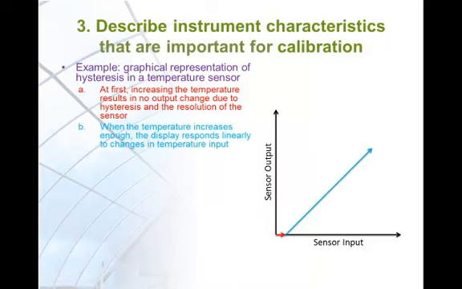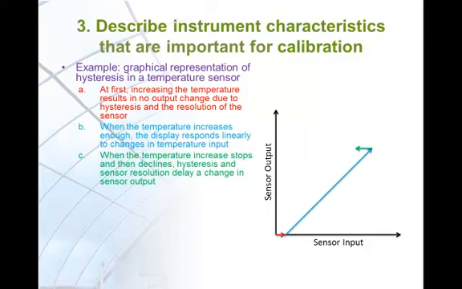When the temperature increases enough to overcome instrument friction, the display responds linearly to changes in temperature input. When the temperature increase stops and then declines, hysteresis and sensor resolution delay a change in sensor output.